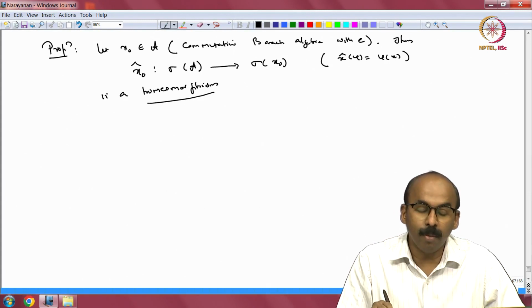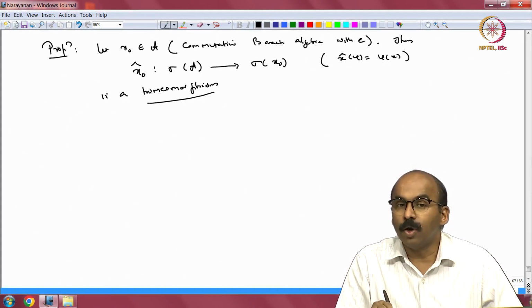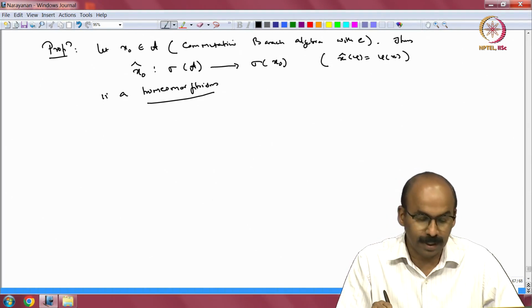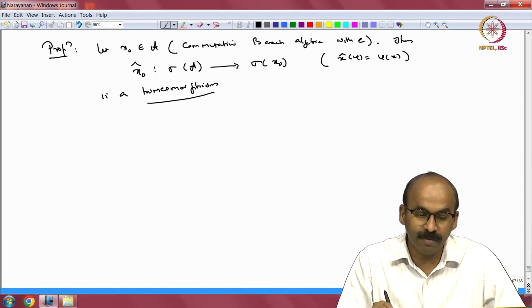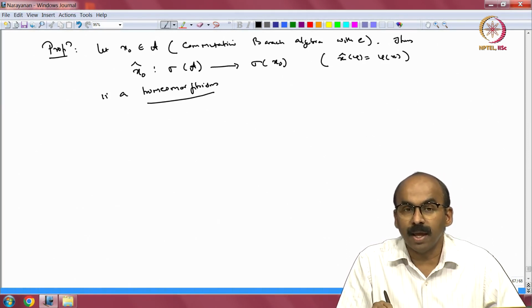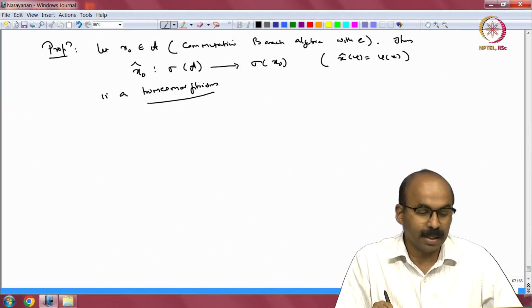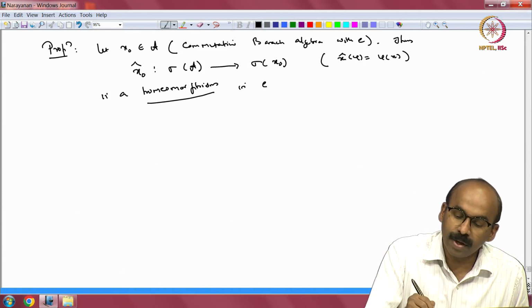This map is a homeomorphism. That will mean it is a one-one onto map which is continuous, and the inverse will be automatically continuous because of compact T2-ness. So, x naught hat is a homeomorphism, which means you can identify the spectrum of A with the spectrum of the element x naught, in each of the following cases.